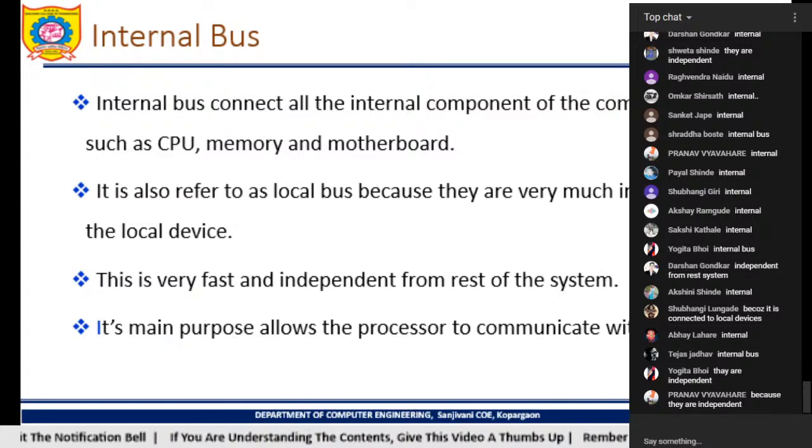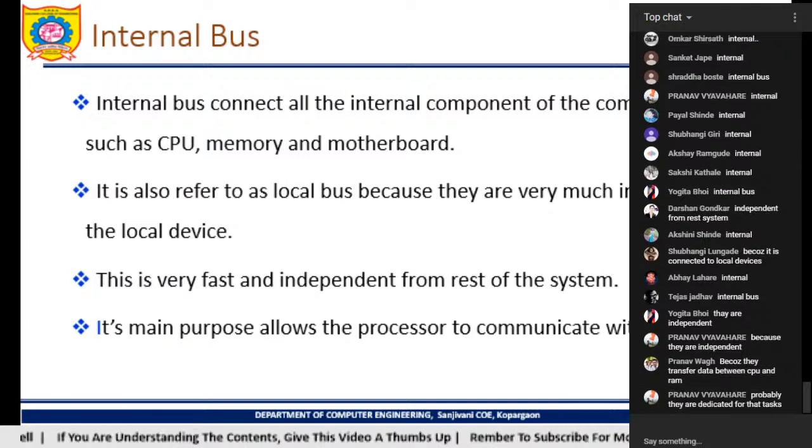Because of that, communication between RAM and processor is very fast, since data transfer on the motherboard is fast. The bandwidth of motherboard communication is more compared to external buses, because both are on a single communicating device, the motherboard. Your hard disk is also connected to the motherboard, but through a wire, so there is a delay from the wire. Here there is no delay from any external device, it is directly RAM to processor using the motherboard.